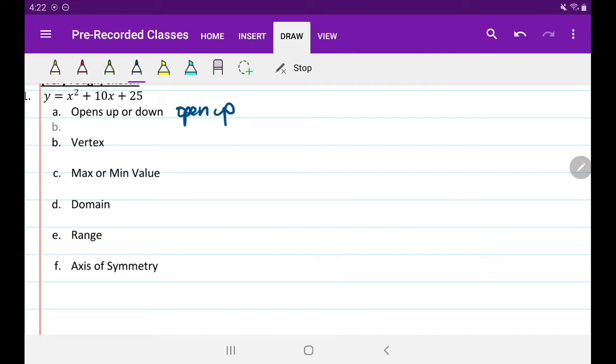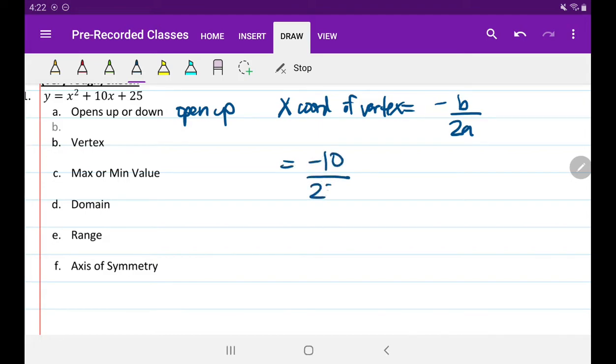So finding our vertex, we'll start off by finding the x-coordinate of the vertex, which is going to be negative b over 2a. So that's going to be negative 10 over 2 times 1. So negative 10 over 2, which is negative 5. Okay? And then we'll plug that in to find the y of the vertex.